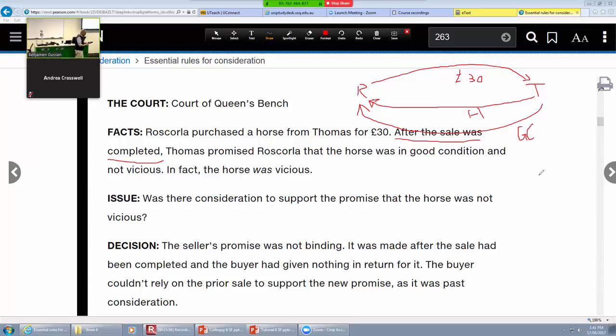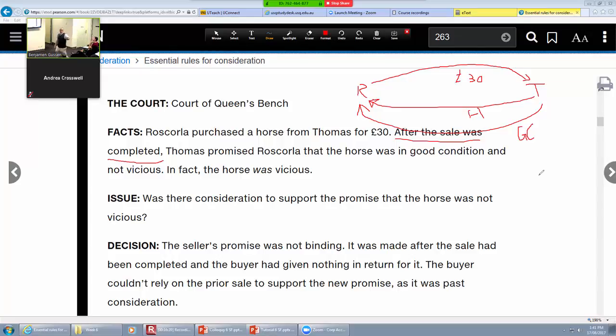Yes. So what do I need? Someone says, because this purchase has been completed already, you can't do much. So what can I change in an exam question to make this scenario, or to make the promise from T to R come with a consideration?